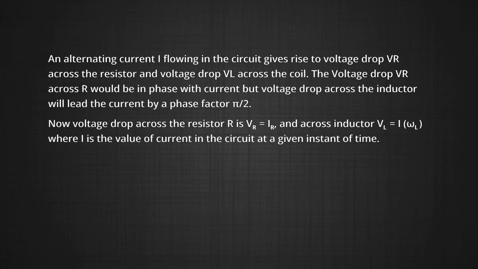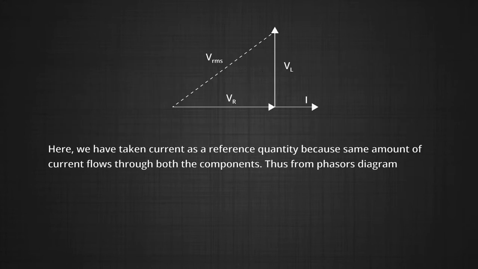Now, the voltage drop across the resistor R is VR = IR and across the inductor VL = IωL, where I is the value of current in the circuit at a given instant of time. Here the voltage phasor diagram for the LR circuit is as shown. In the figure, we have taken current as the reference quantity because the same amount of current flows through both components.